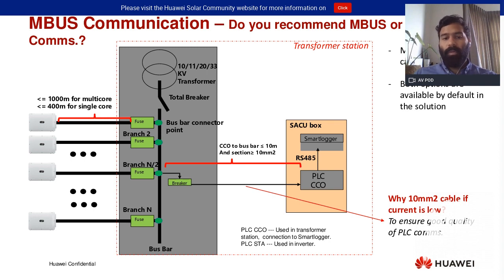For communication, for those of you who are familiar with our technology, we offer two methods of communication. It will be through the conventional RS-485 cable or through MBOS technology, which is our new generation of PLC, power line communications, where the data travels through the power cable.